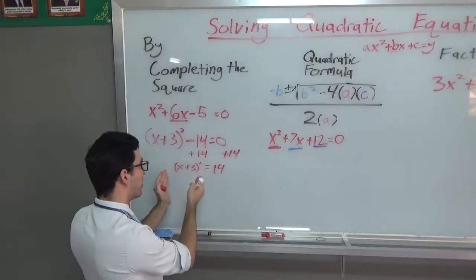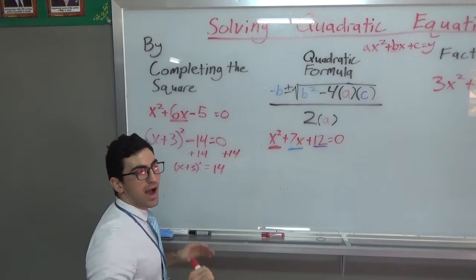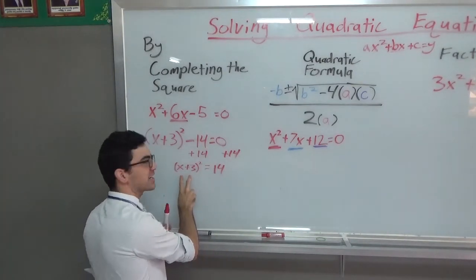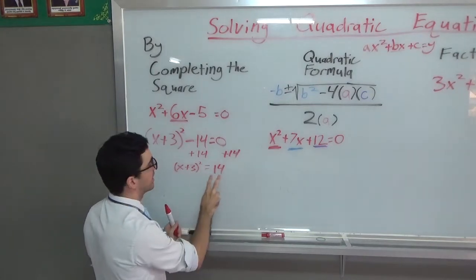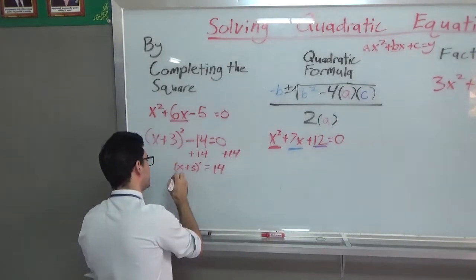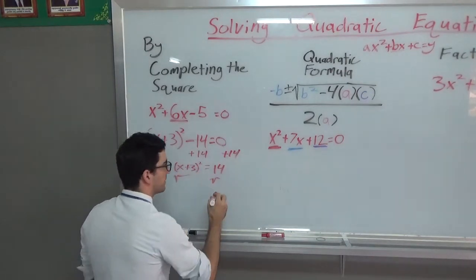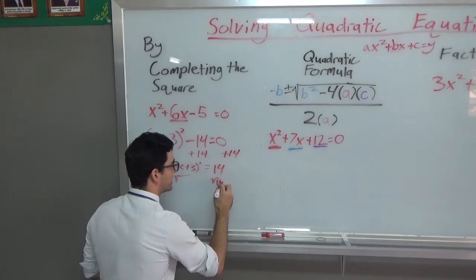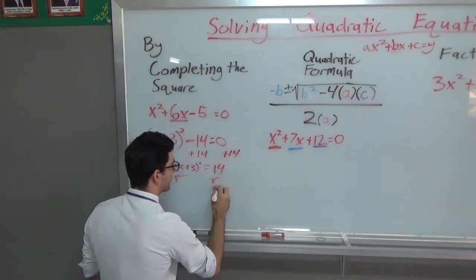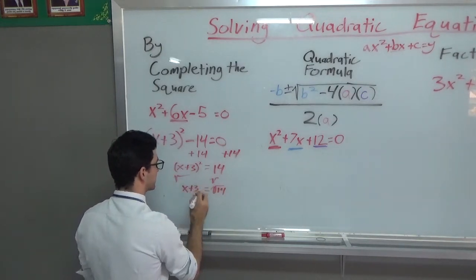Now, since I have the whole parenthesis here being squared, I can take the square root of both sides. I have x plus 3 on this side, and the square root of 14 on that side. Square root, square root. So I'm left with the square root of 14 equal to x plus 3.